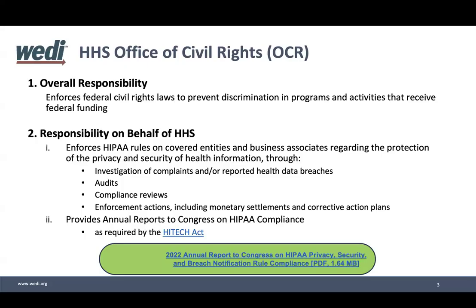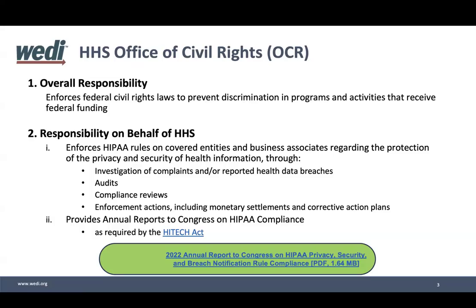They also have a second responsibility, to provide annual reports to Congress on HIPAA compliance as required by the HITECH Act. I believe this slide deck will be shared with everyone after the meeting, and the green bar at the bottom is an active link to the latest report OCR put out on the HIPAA privacy, security, and breach notification rules.